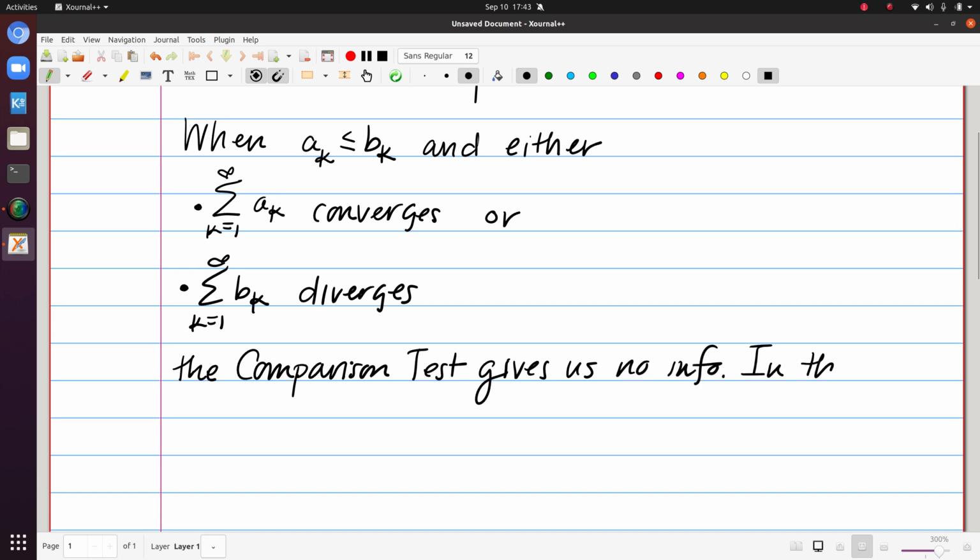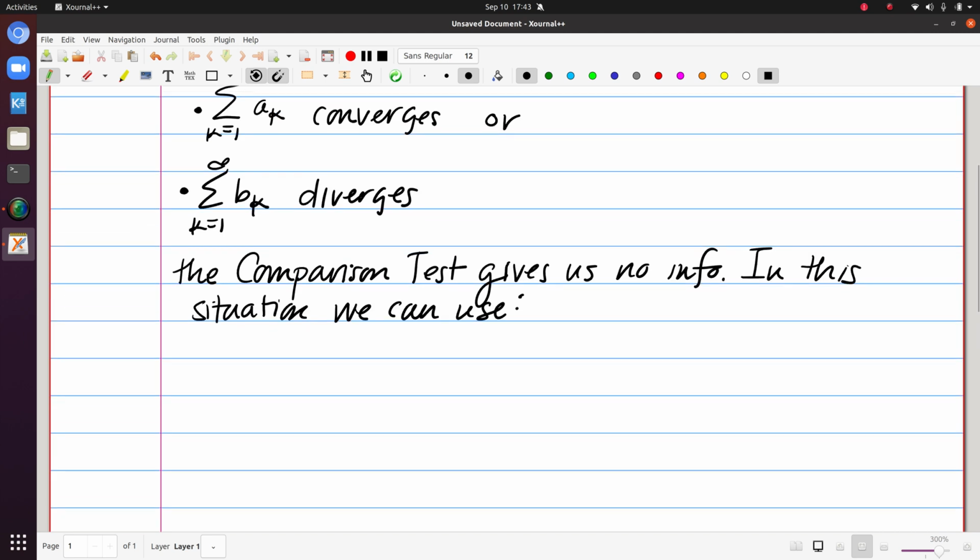However, it's exactly in this situation that we can use what's called the limit comparison test. So I'm going to state this here, and then we'll look at some examples.